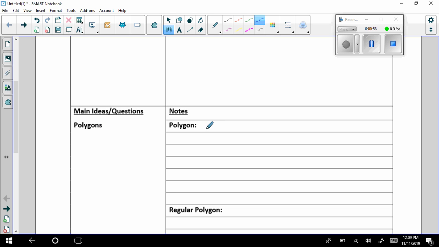And a polygon is a closed figure with the following properties.